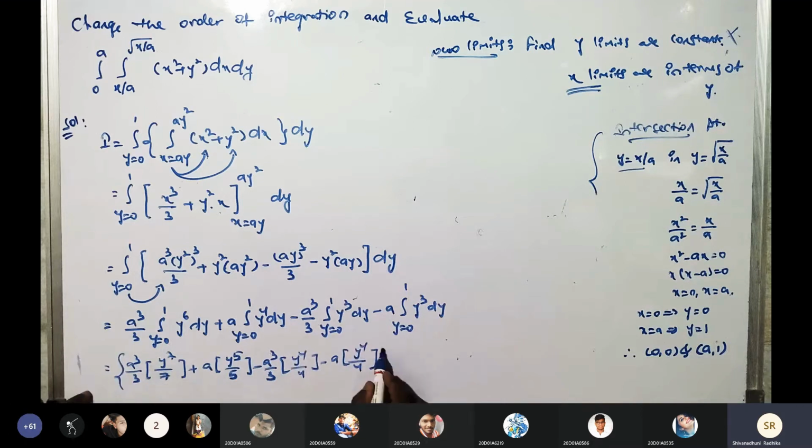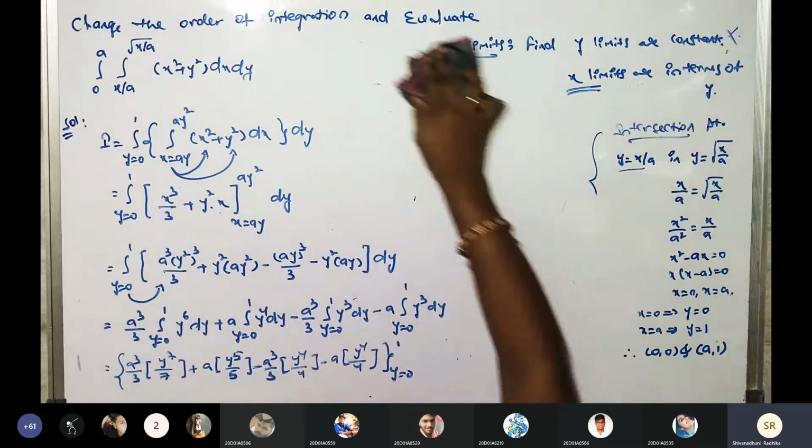All the y terms have limits y equals 0 to 1. Now we substitute the upper limit 1. And the lower limit is 0, so all the y terms give 0, there is no need to substitute the 0. Is it clear?